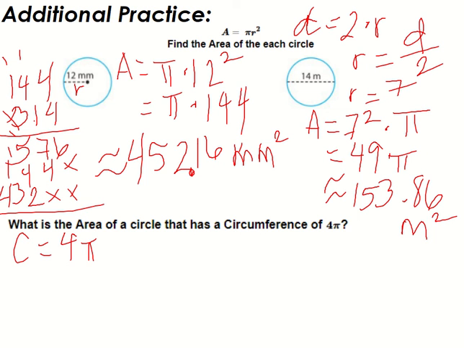Well, we think circumference equals diameter times pi, right? So that tells us that the diameter equals 4. Right? Because 4 pi, there it is, d times pi matches up, one variable, one number. Well, then we have to cut that in half to find the radius, so we get 2.